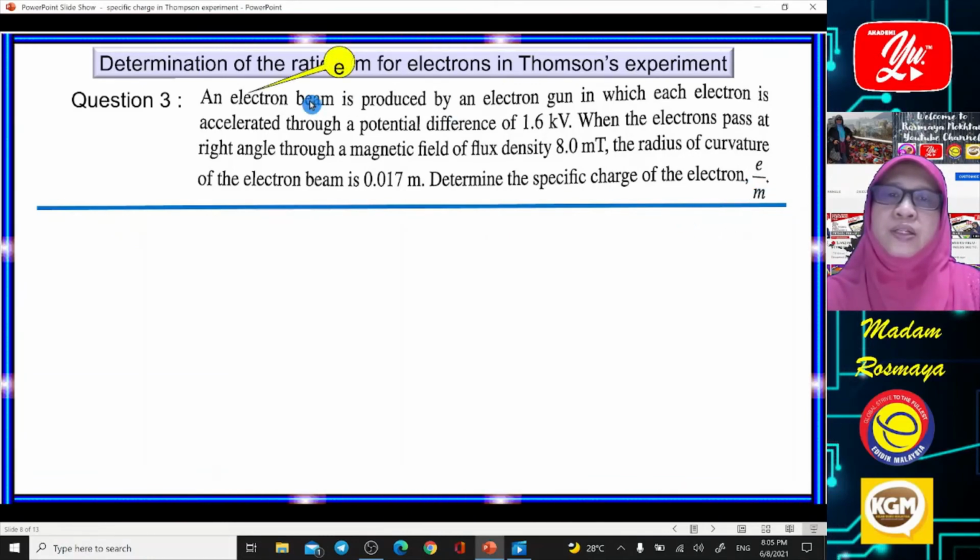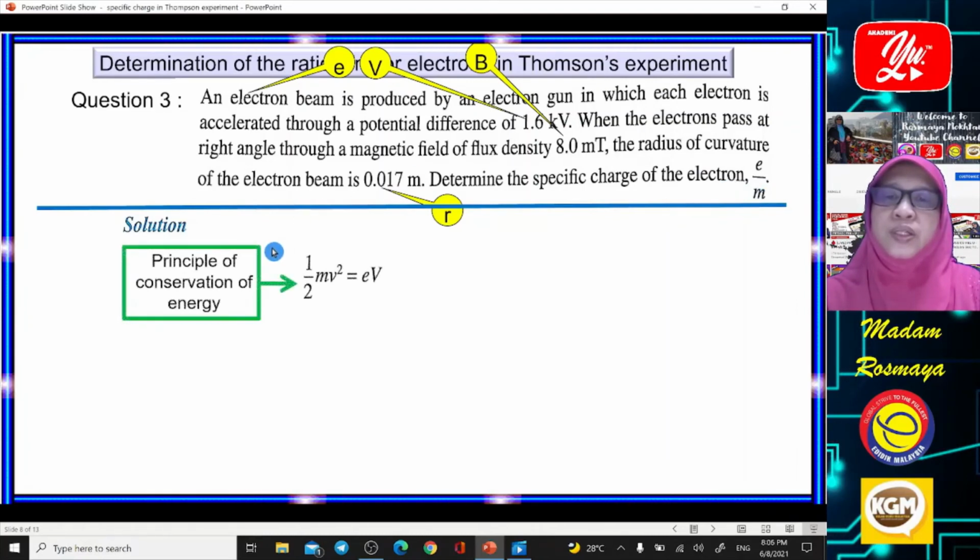You are given electron, potential difference 1.6 kilovolt, magnetic field 8.0 millitesla, radius of the curvature 0.017, and we are going to determine specific charge. So what formula are we going to use here?